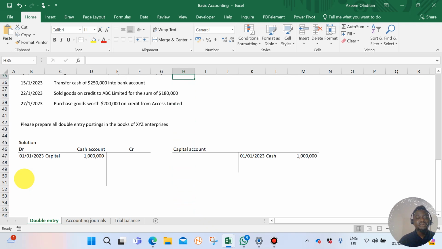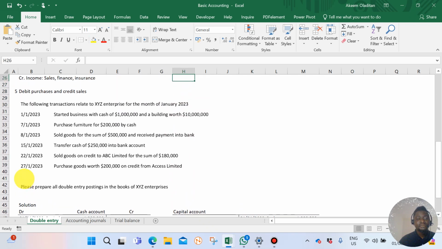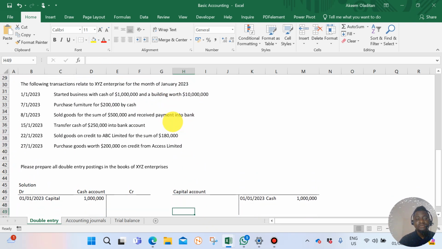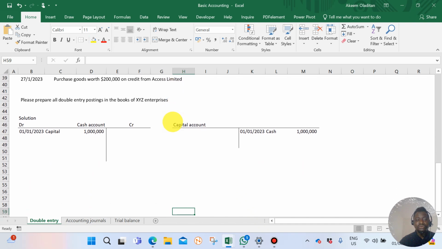So the second part of the question says, and a building worth $10 million. Now we have a cash account, and we already have a capital account here. Let me just copy and paste in the middle. We have a cash and capital account, but we don't have a building account, so we need to create one.